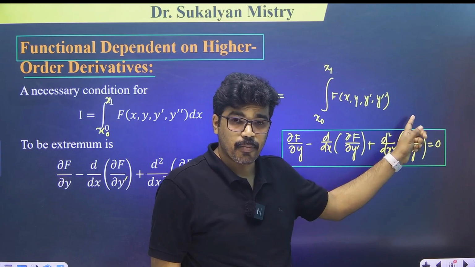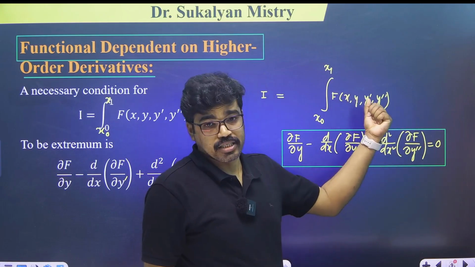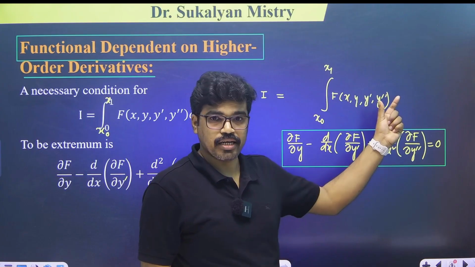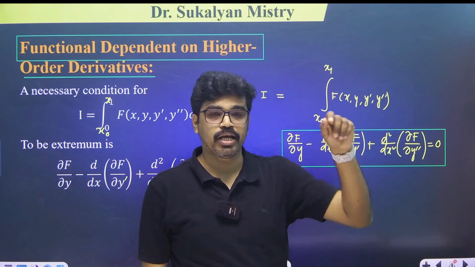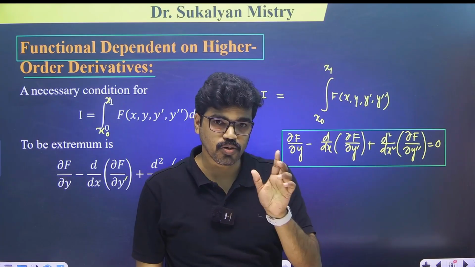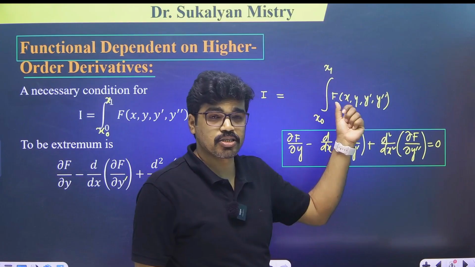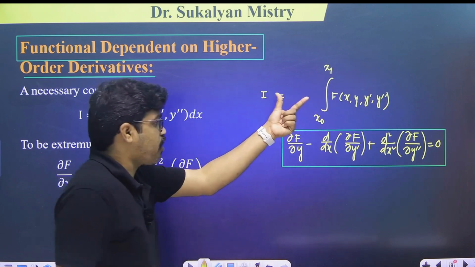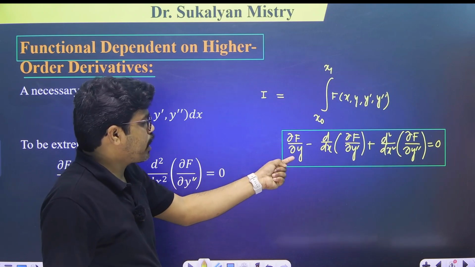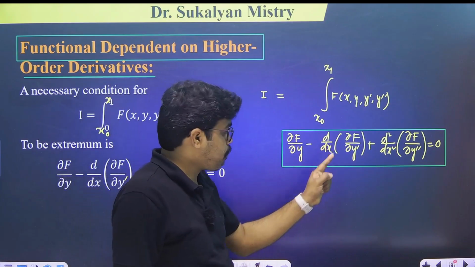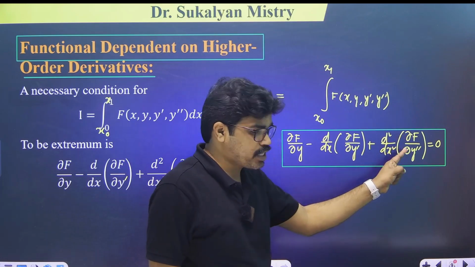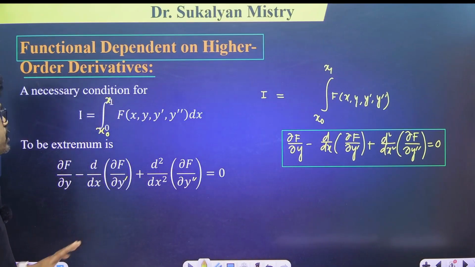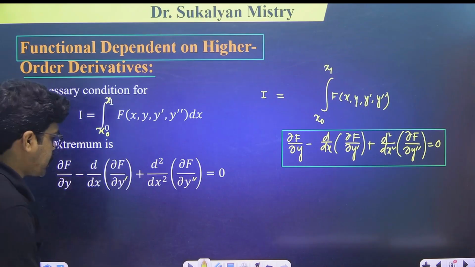In the previous problems we discussed that f is a function of x, y, y dash, right? So in that case Euler's equation is del f del y minus d dx of del f del y dash is equal to 0. But if f is a function of x, y, y dash, y double dash, then the functional will be extremum when del f del y minus d dx of del f del y dash plus d2 dx2 of del f del y double dash is equal to 0. Note this, the necessary condition for the functional to be extremum is this.